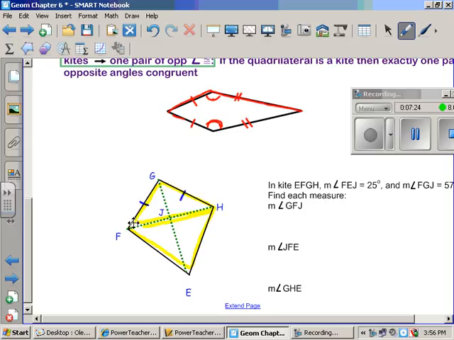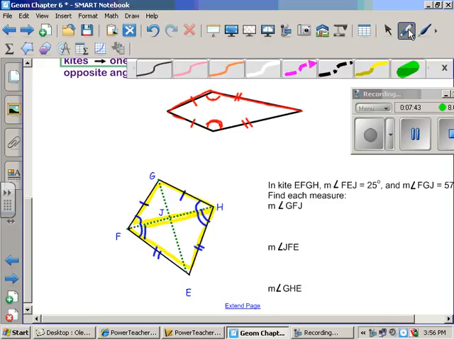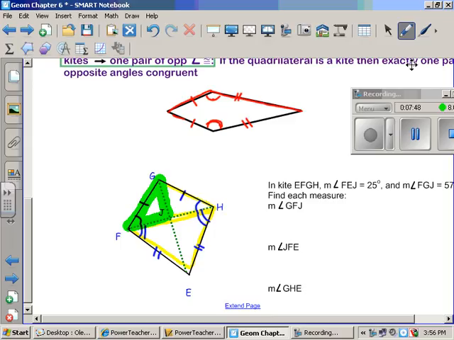Since it's isosceles, we know that these angles here are congruent, and since this is an isosceles triangle, we know that these angles are congruent. Then another way to think about it is every individual triangle makes a right triangle. So this is a right triangle, here is a right triangle, this is a right triangle, this is a right triangle. And we can pull them apart to solve if we need to.